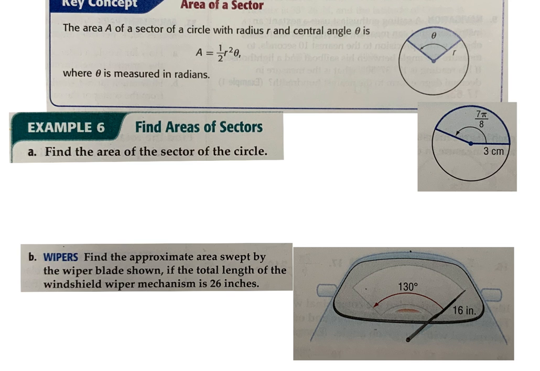So we are going to take it and just plug it in. The first one is already in radians for us. That's beautiful, right? So we are going to take the formula, plug it in, 1/2. My radius here is 3 centimeters, so we have 3 squared. My theta is 7 pi over 8.